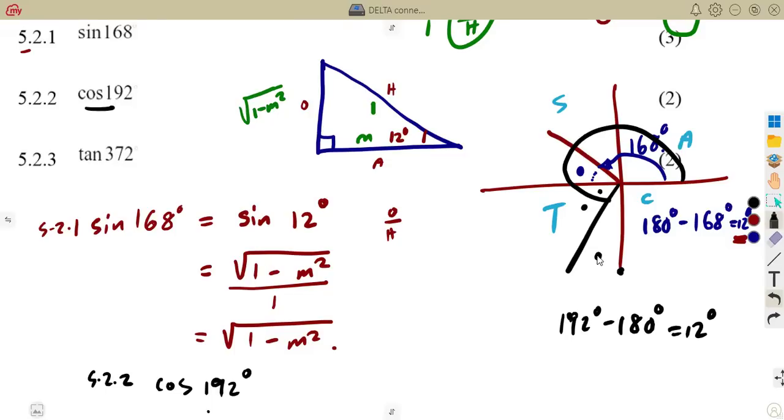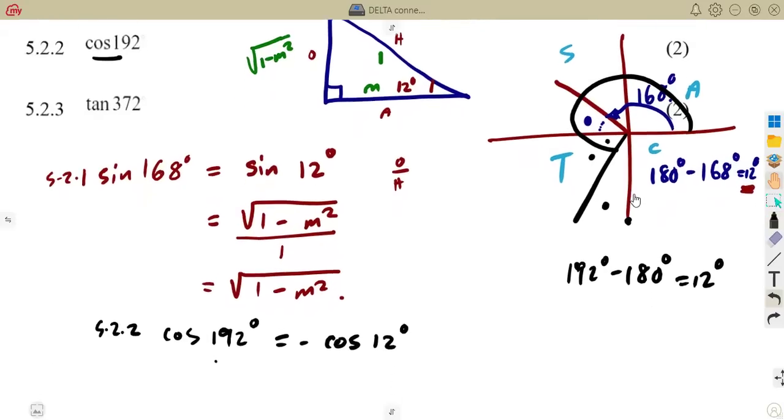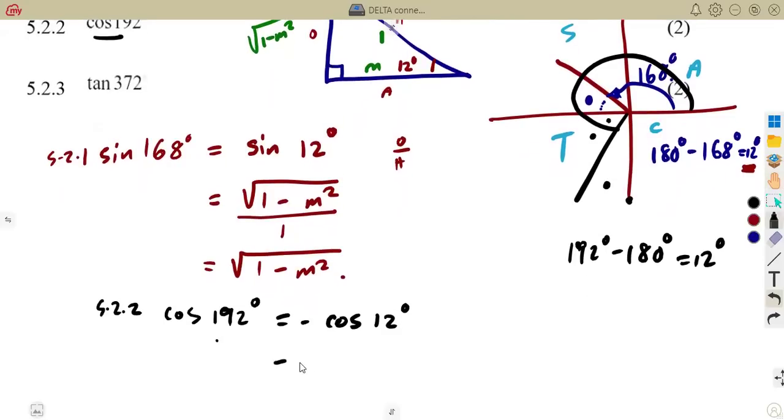And in the third quadrant, for tan, cos is negative there. So this is negative cos of the acute angle, minus cos 12.